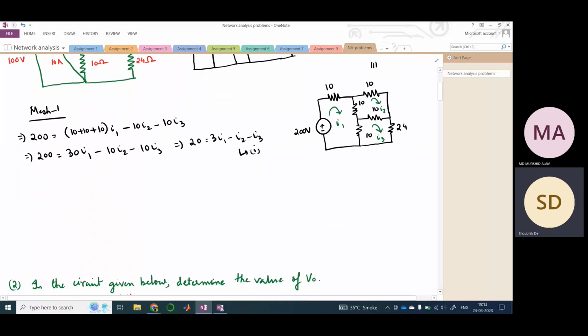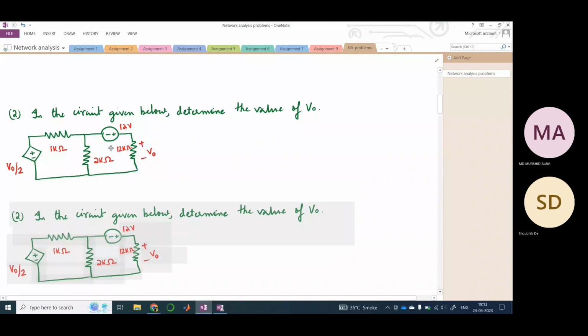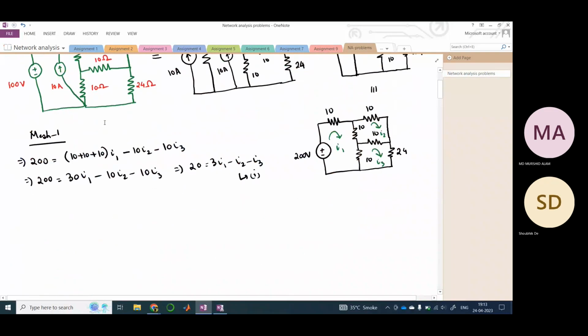Now we need to solve the other two meshes also. Let's put it down here. So this is mesh 2. Here also there are three resistances, 10 plus 10 plus 10 I2, and then again here you see both the remaining two currents are in opposite direction to I2, right?